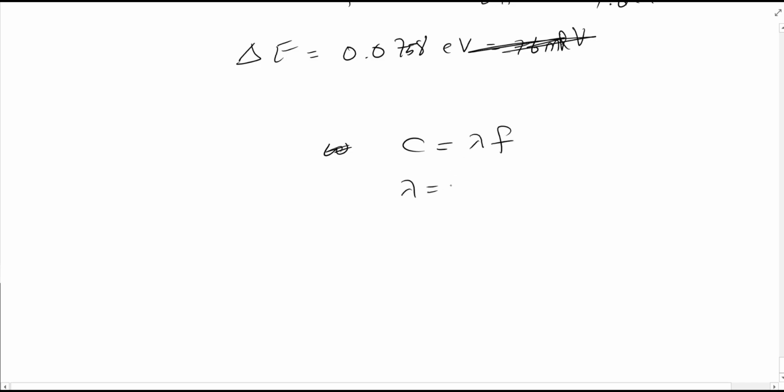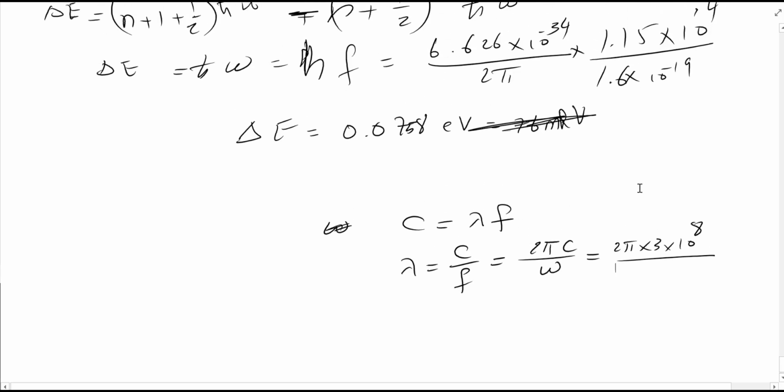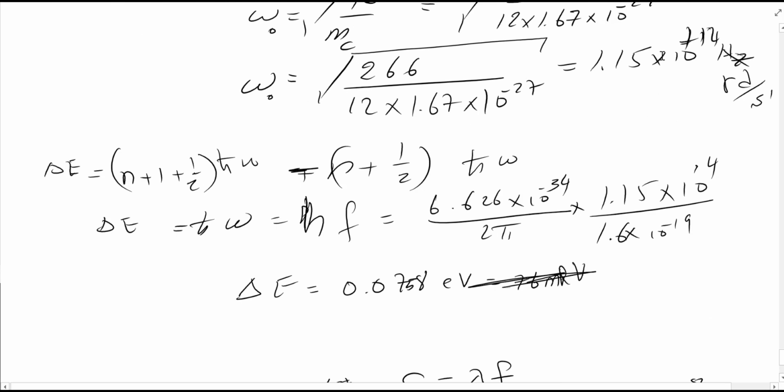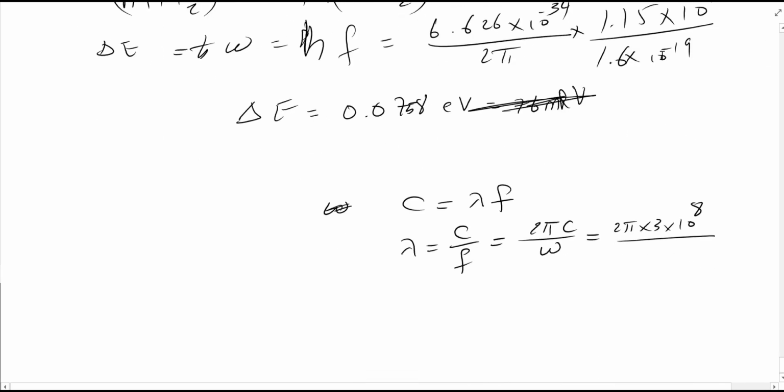In this case, lambda is c over f, and it's going to be 2 pi c over omega. So it's going to be 2 times pi times 3 times 10 to the power 8 divided by omega, and omega is that big number that we found earlier, 1.15 times 10 to the power 14.